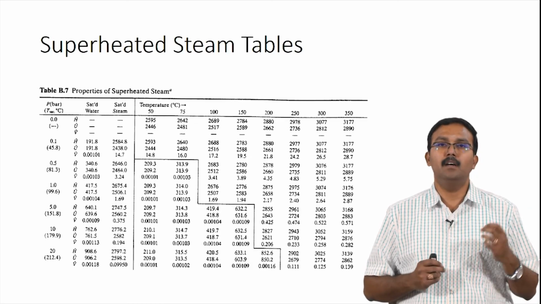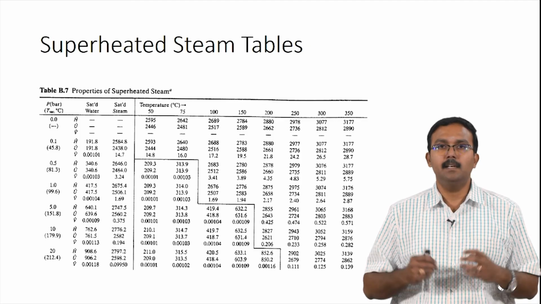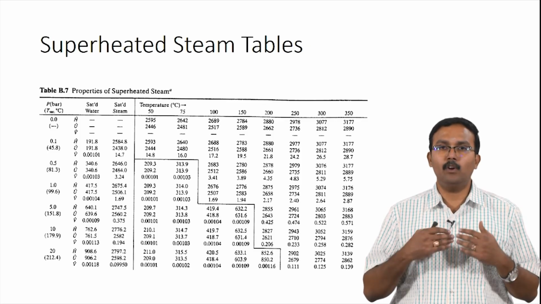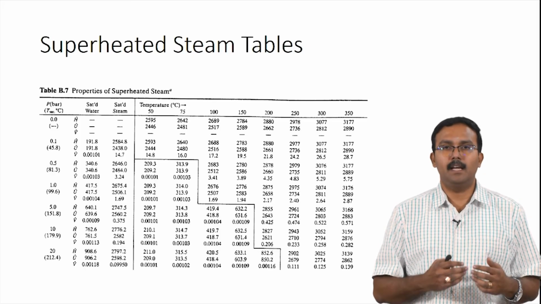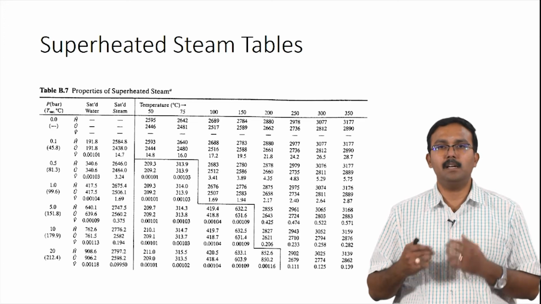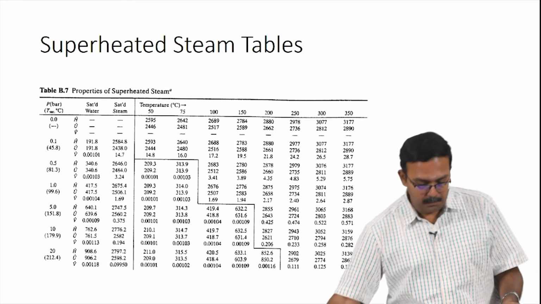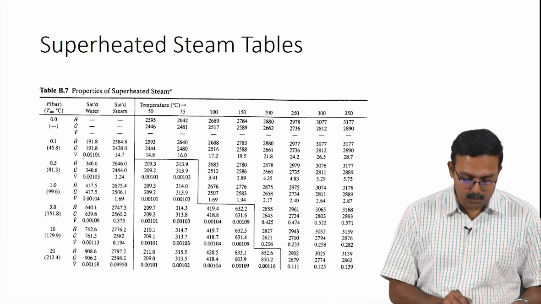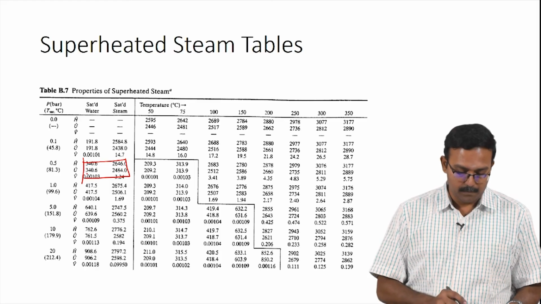So, if you have 0.5 bar and 81.3 degrees Celsius, then you have a point on the vapor liquid equilibrium. The values for H cap, U cap and V cap can be obtained from the saturated water and saturated steam values given in the columns here. So, these would be the saturated water and steam values.